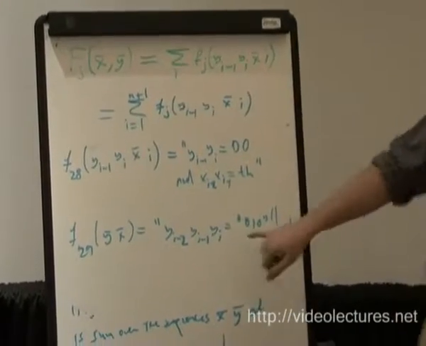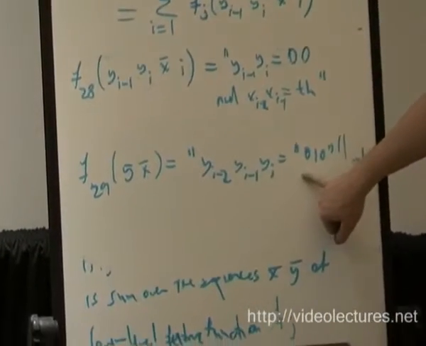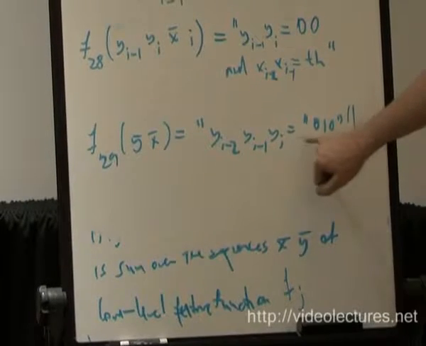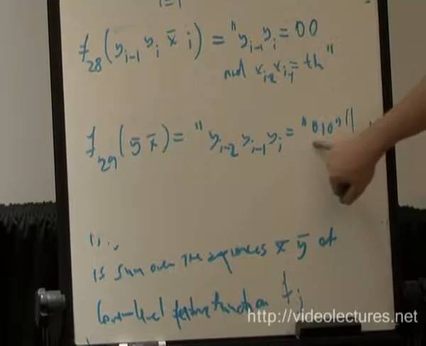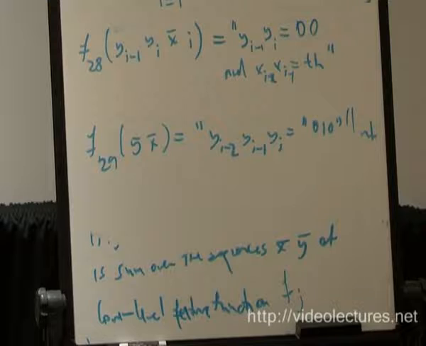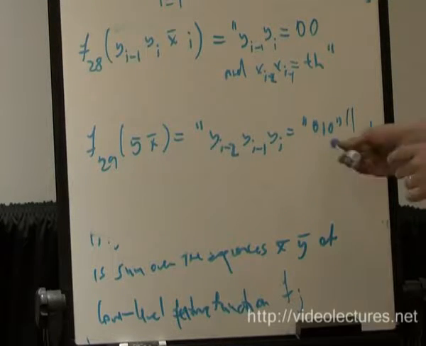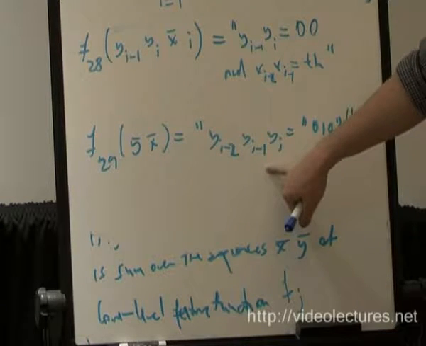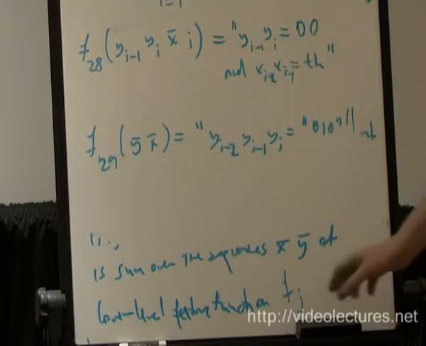So this fits into the definition of a feature function in general, and it's looking at how many 0, 1, 0 sequences there are. But it's referring to more than 2 y's, and so it doesn't fit this restriction.